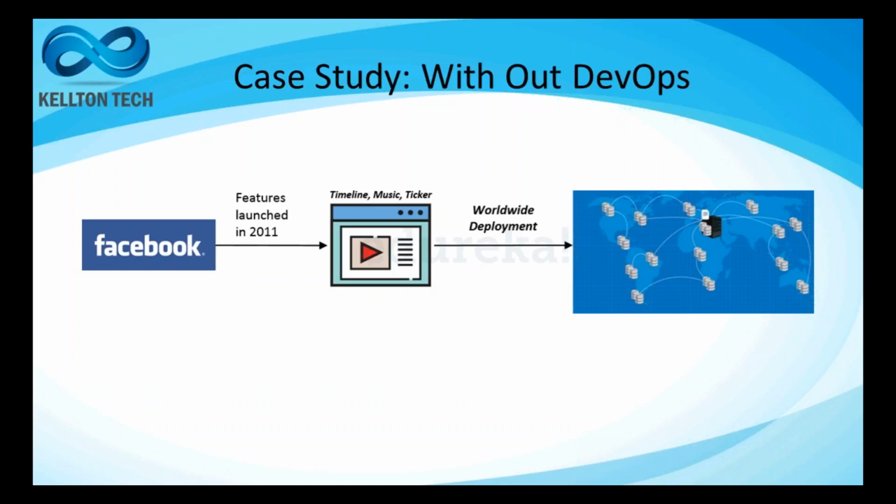When Facebook was launching features like timeline, ticker, and music functionality to its users, who were in different zones, more than 500 million users spread across the globe, they were facing huge traffic generated on those features. Following the release, this led to a server meltdown, and the feature was rolled back.